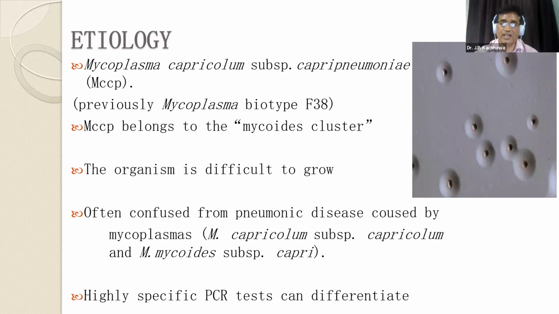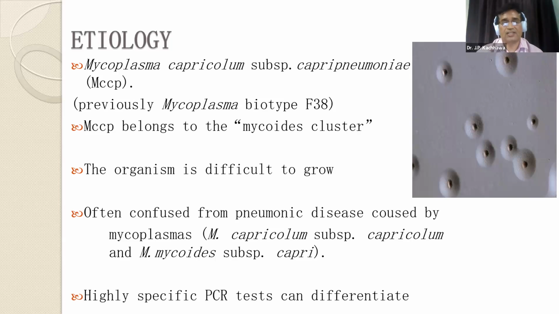When it is grown, the colony has particular characters: the colony appears fried-egg like, and the center appears rose colored due to the reduction of the triphenyl tetrazolium salt that is used for the growth of this organism in agar.